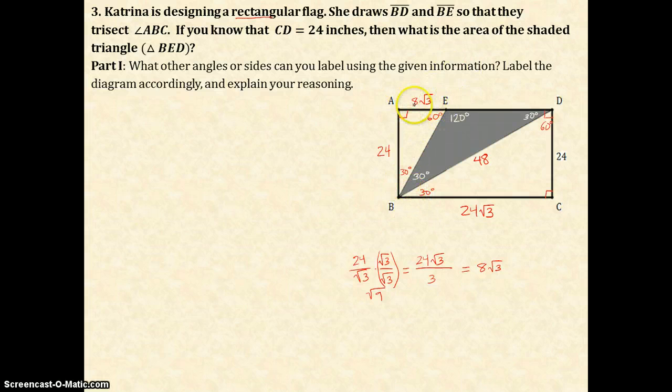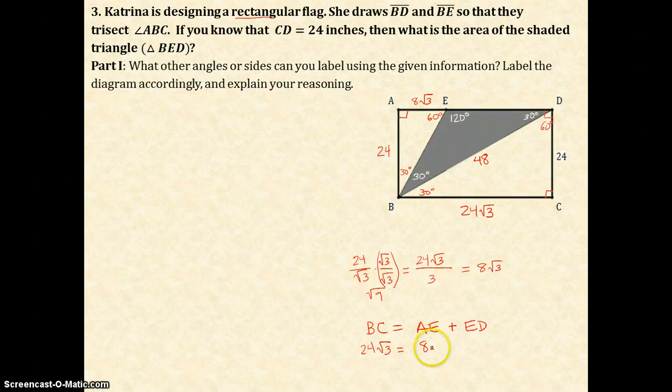Well, if AE is 8 radical 3, and we know that BC is equal to AE plus ED, because they're opposite sides of a rectangle, so AD has to be congruent to BC. So let's see, BC is 24 times the square root of 3.